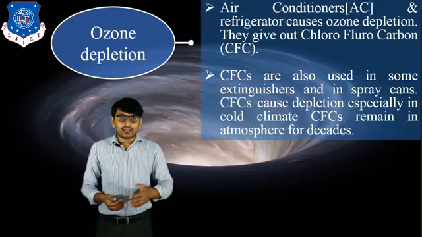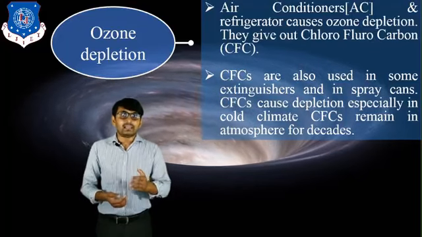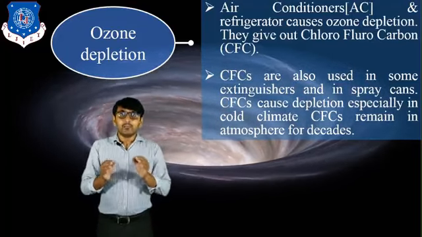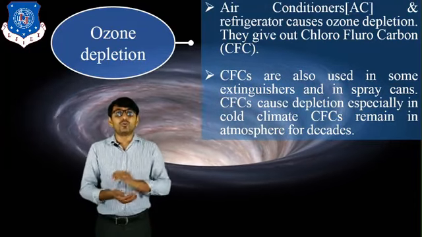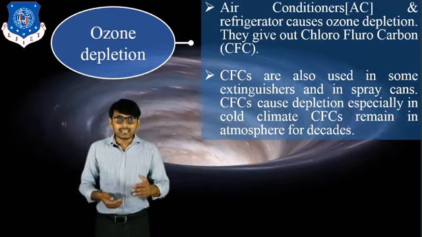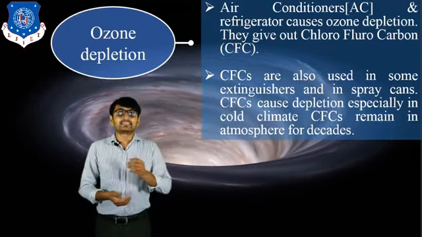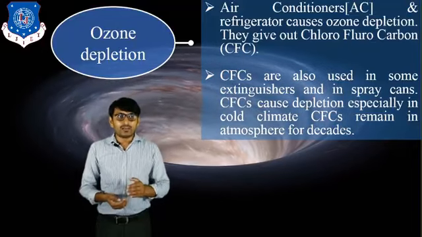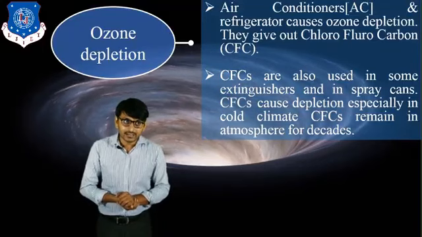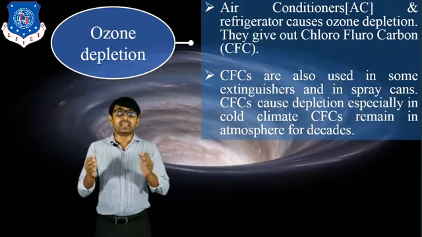Air conditioners, AC and refrigerators mainly cause ozone depletion because they give out chlorofluorocarbon, CFC. CFCs are also used in some extinguishers and in spray cans. CFCs cause depletion, especially in cold climates. CFCs remain in the atmosphere for decades.